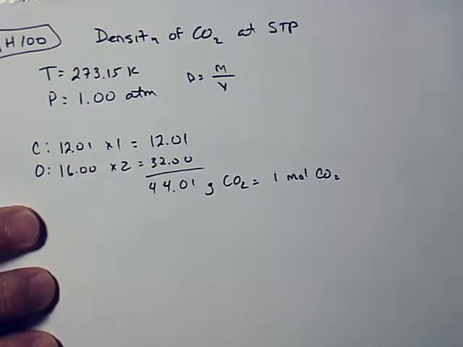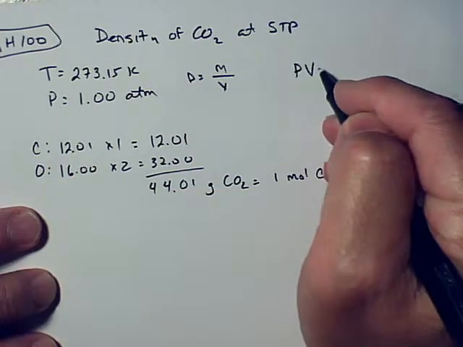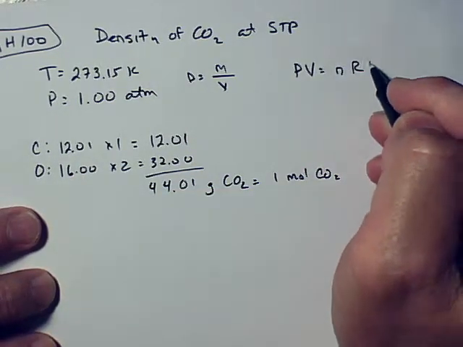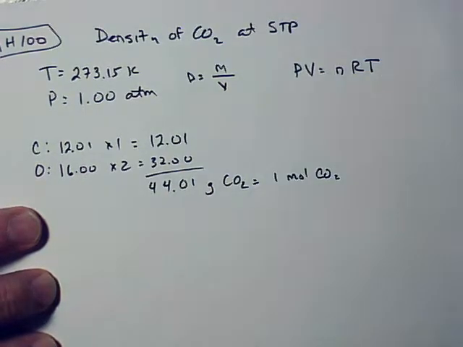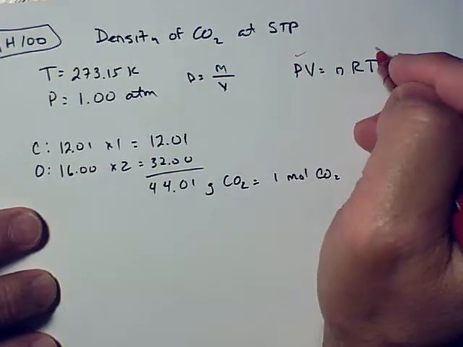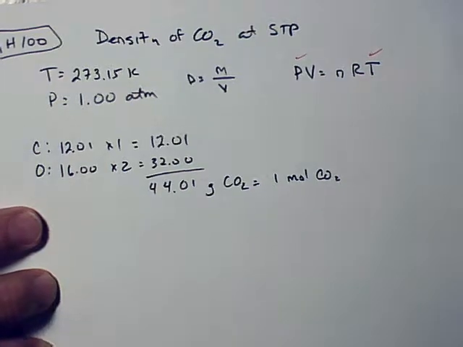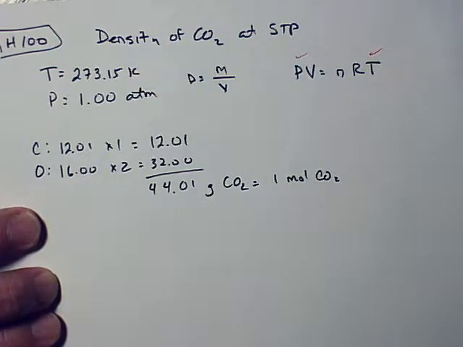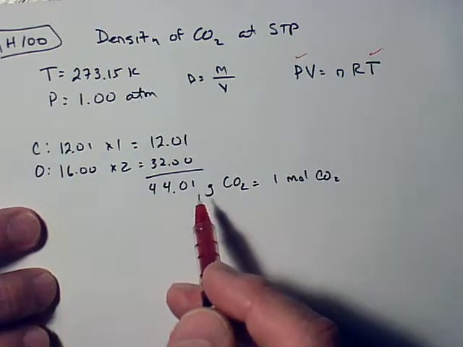So, we've got mass and volume, you've got pressure and temperature. We're getting close to having PV equals nRT, aren't we? We've got pressure, we've got temperature. If we just pick a mole of this stuff, we can have this mass.